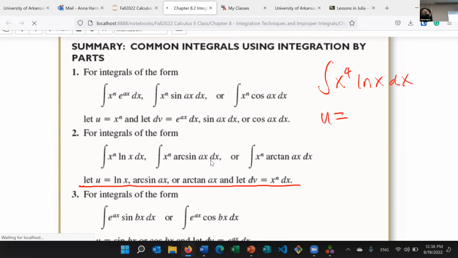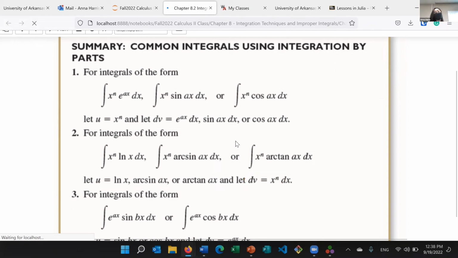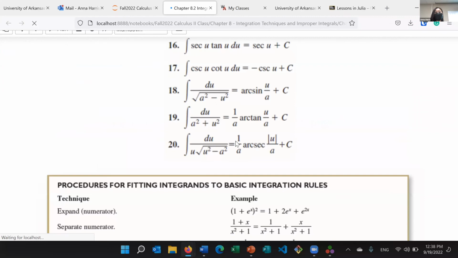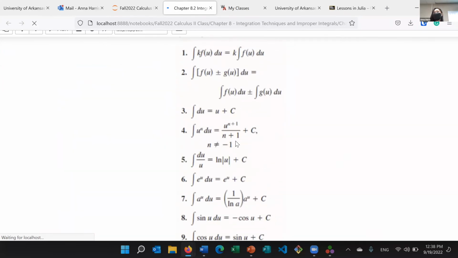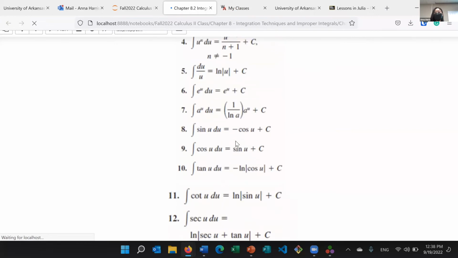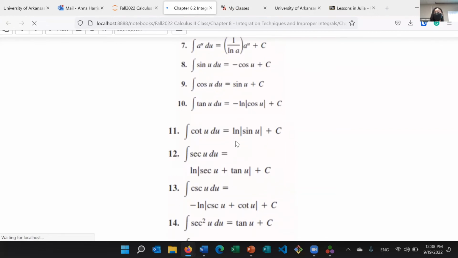The reason is, if you have a natural log of x, let's go back. That's a very good question to ask. Let's look at our basic integration. Do you have a natural log of x as your basic integration?